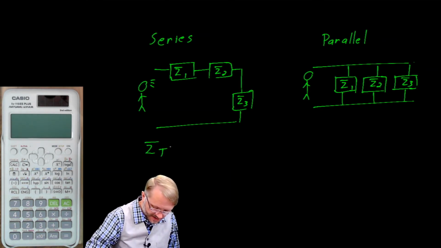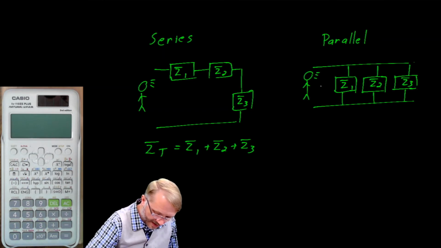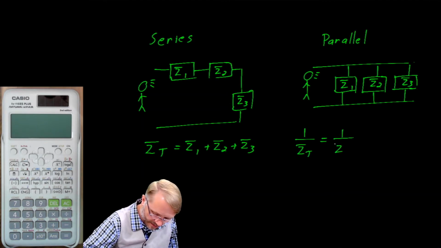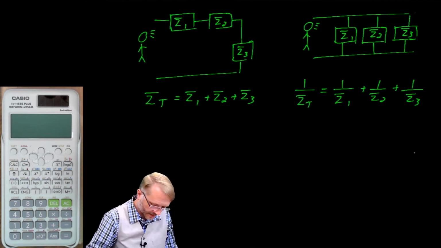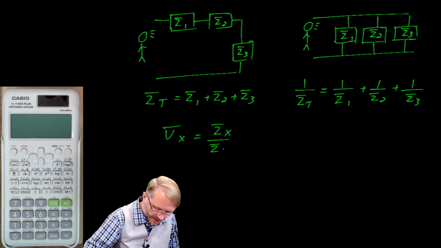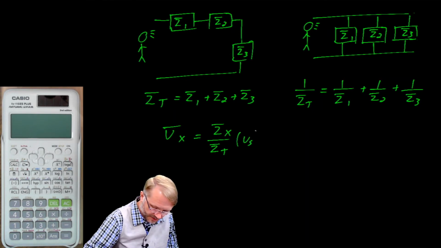The total series impedance is the sum of the impedances, whereas 1 over the total impedance is equal to the sum of the inverses of the individual impedances. The voltage divider is still with us, so the voltage of interest is equal to the impedance of interest over the total series impedance times the source voltage. You can make sure that this is the series piece.